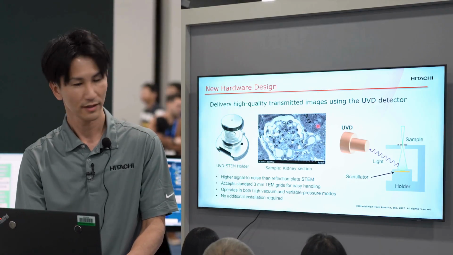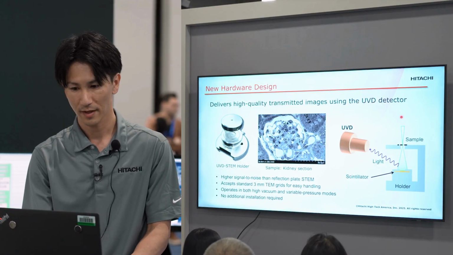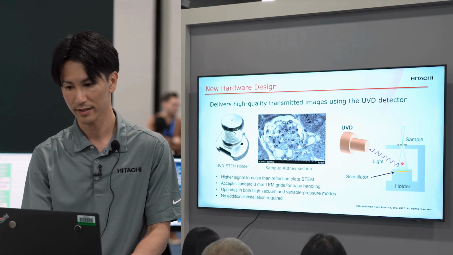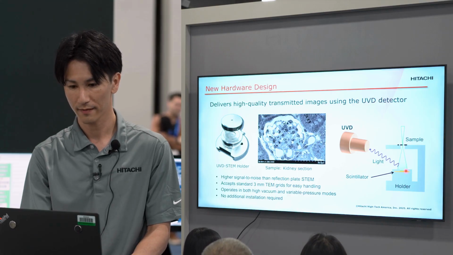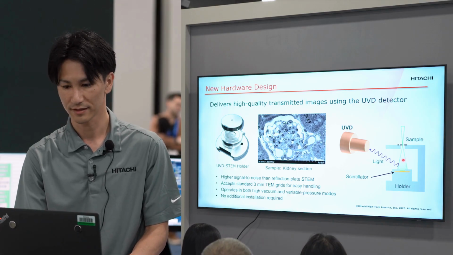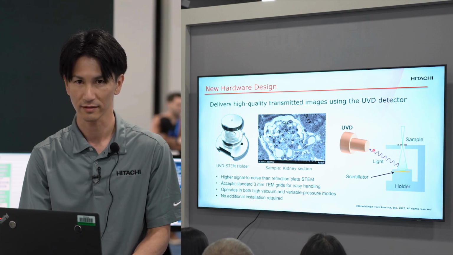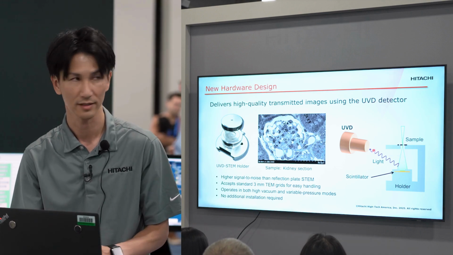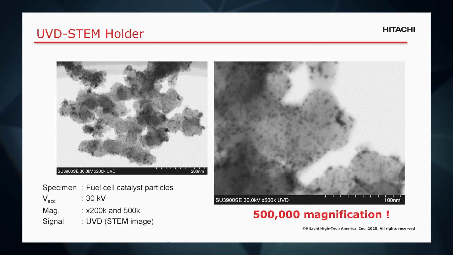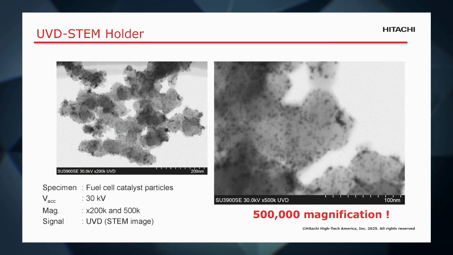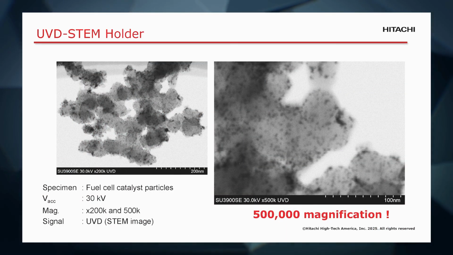With this holder, electrons pass through the sample and hit the scintillator. Then the light signal generated from that interaction is detected by the UVD detector. This is the principle of UVD STEM imaging. So here is an example of high magnification imaging using the STEM holder.